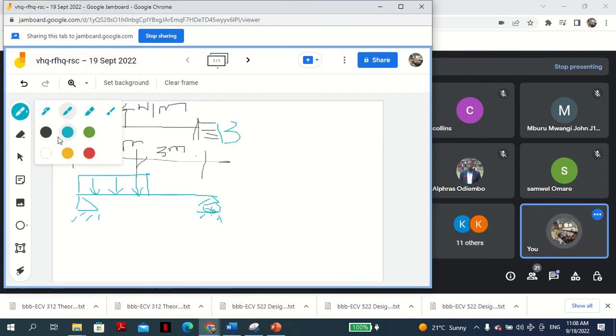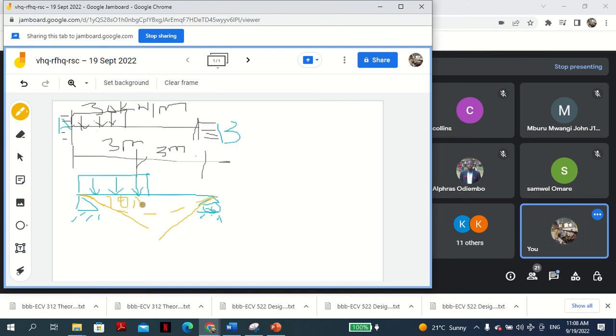So if we are to draw the bending moment diagram, not, sorry, the deflected shape, and you are to draw some nice curves there, this would be theta A, and this is theta B. I will have to delete this because you can see the board is very small.